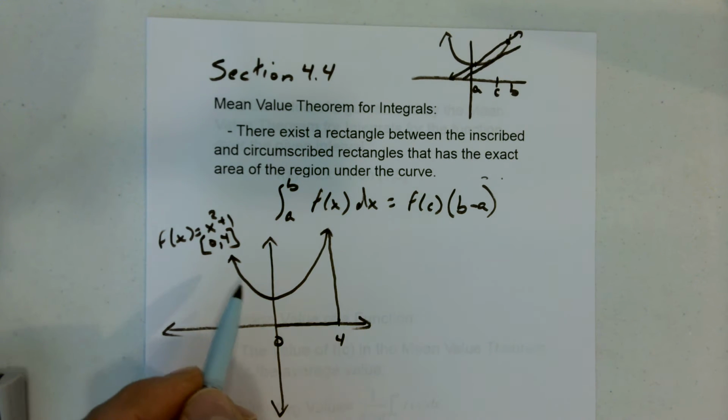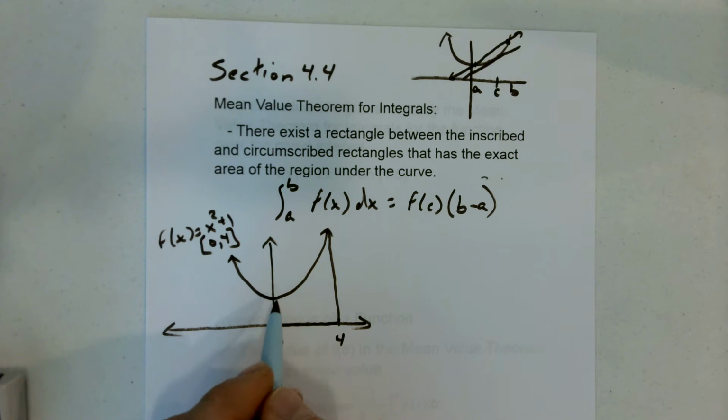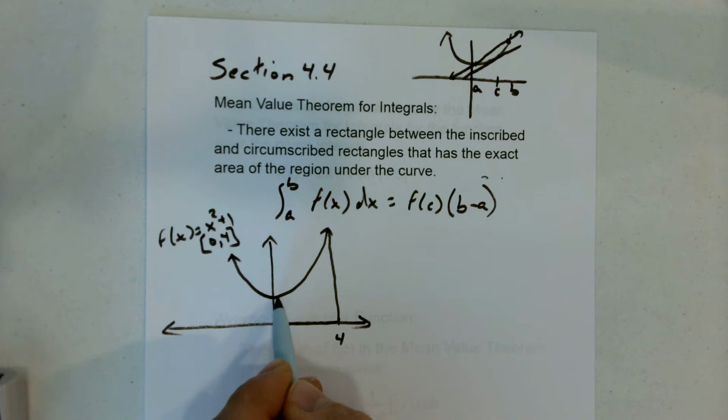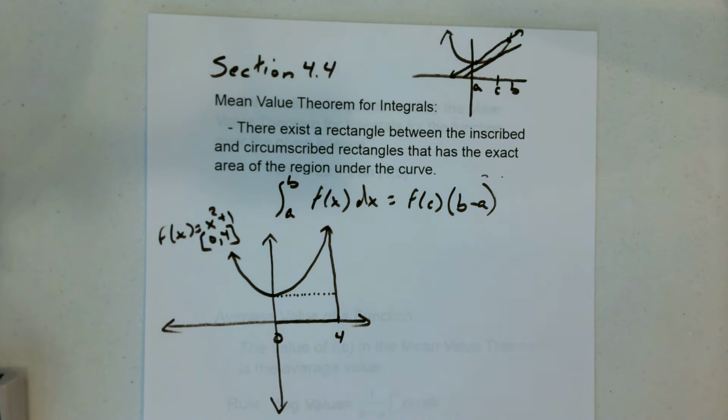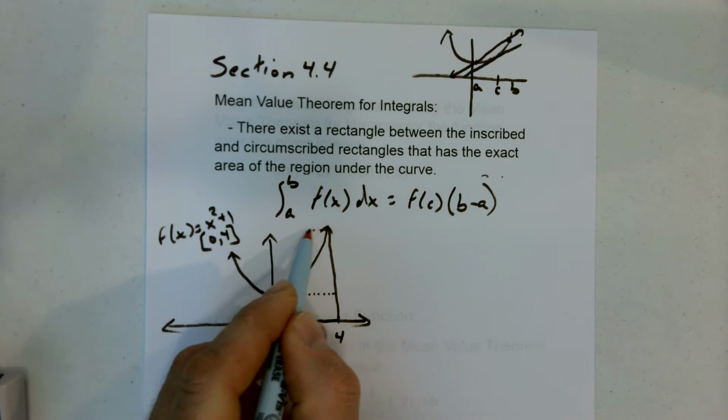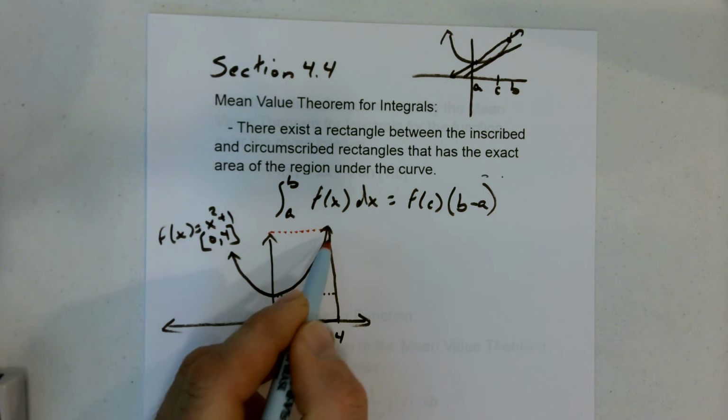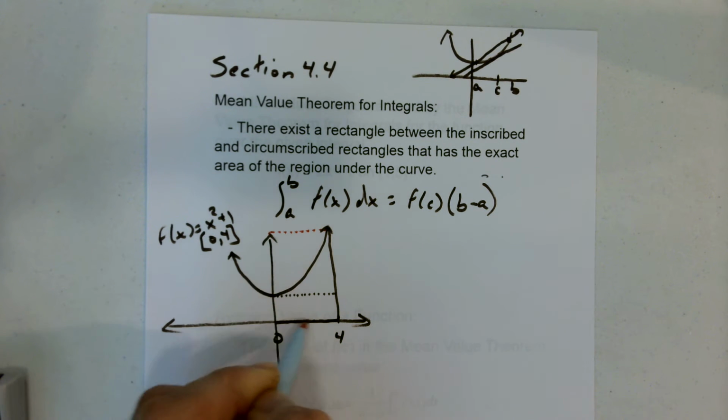What the mean value theorem tells us is that if we have this a and b, these upper and lower boundaries, and we create the lower sum, the most basic of lower sums, taking the lowest value, this will be this region here. And we found the upper region, the upper circumscribed rectangles, that would be this big rectangle here.